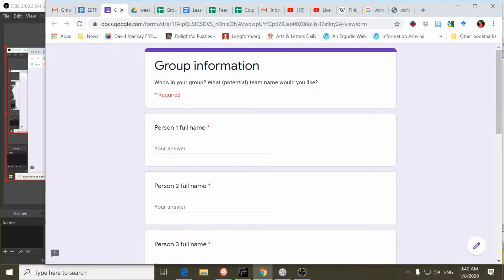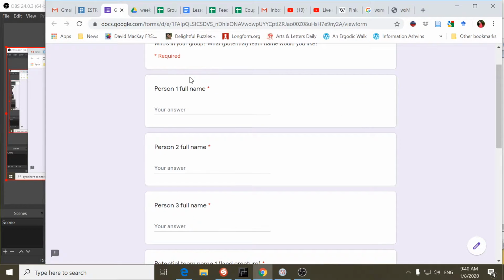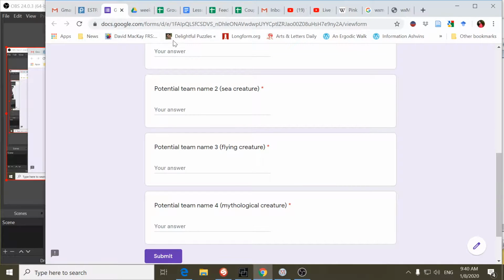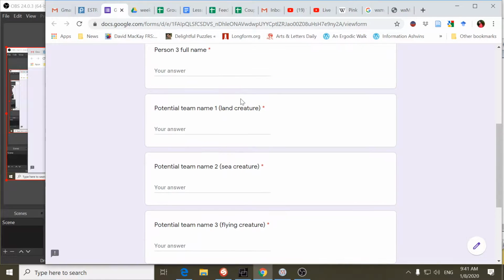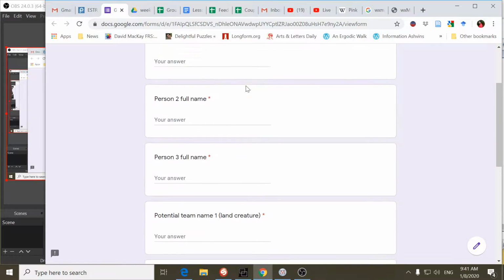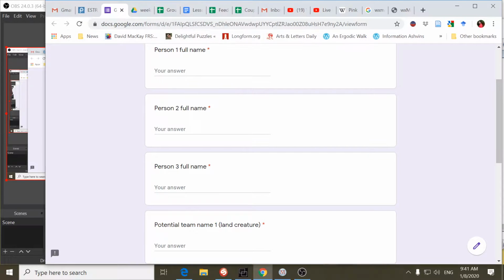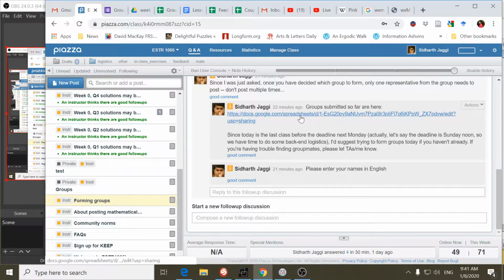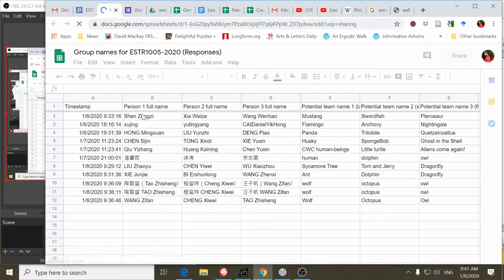When you're entering your groups, 3 people only, 4 people groups not allowed, unless you have trouble finding someone, then come talk to us. Pick your team names. Only one person in that entire group needs to submit. You don't need to submit multiple times. And please use your official names in English, so that it's easier for us. The people who have already formed groups so far, you can see by clicking over here, you can see the groups that have already submitted their things.